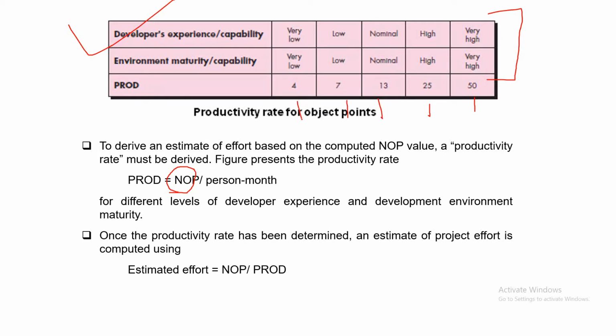Productivity rates have been provided. So you substitute this value in this formula. You have the new object point value with you. Person per month, that is the productivity rate you have been provided, and you calculate the productivity value. Now you have calculated the NOP value and the productivity value, and then using this formula you can calculate the estimated effort. You can get the projected effort using the COCOMO II model.